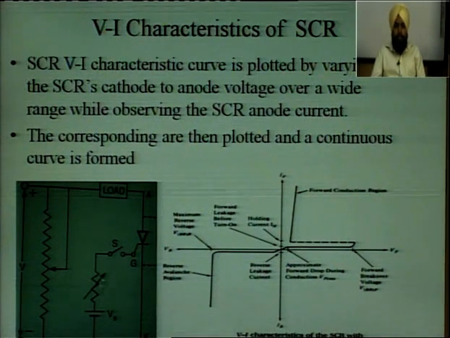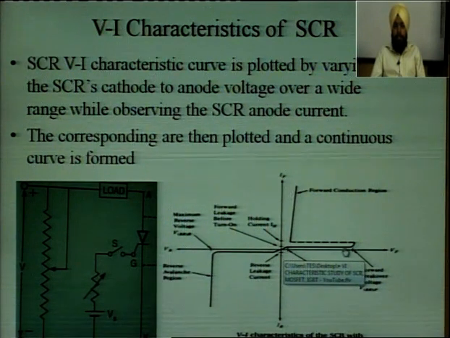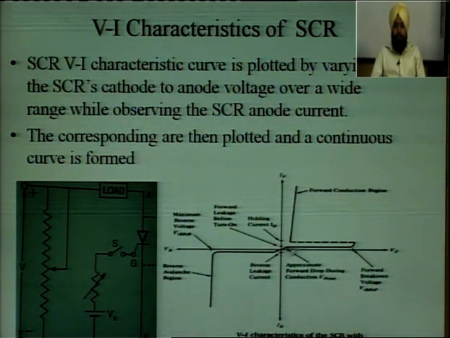The three cases can be obtained: first is forward bias with gate open, second is forward bias with gate closed, and third is reverse biasing.